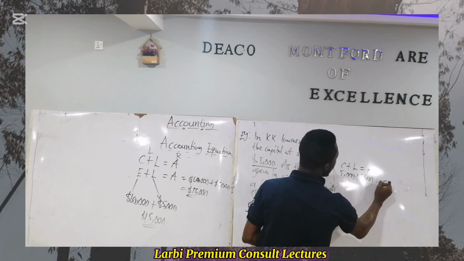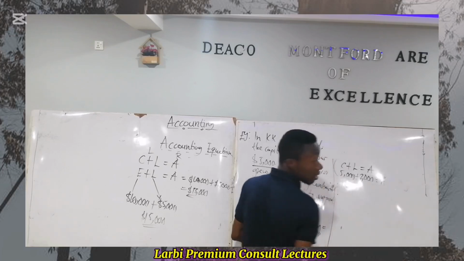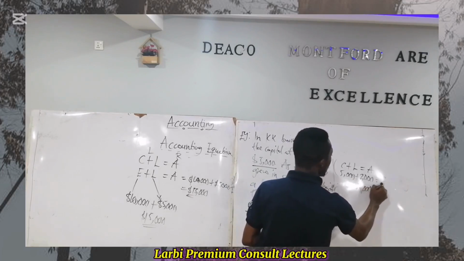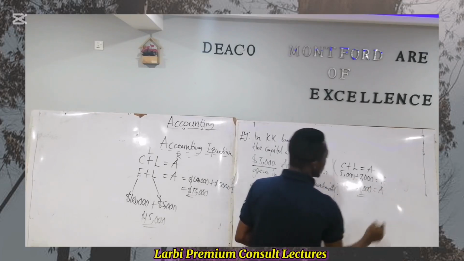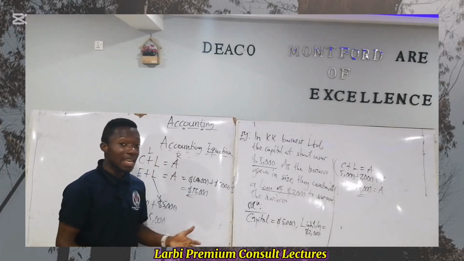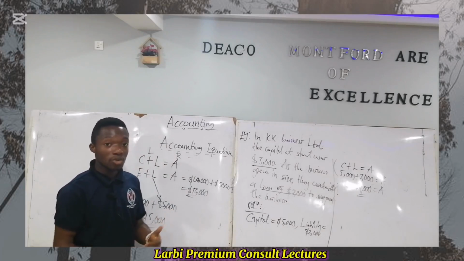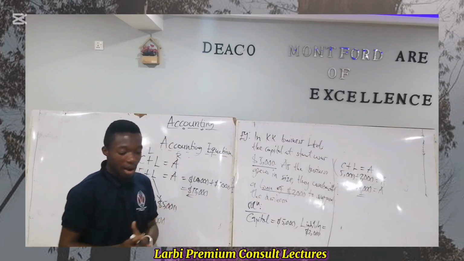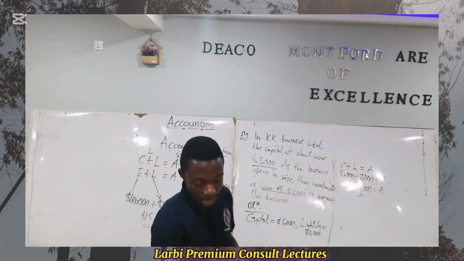Okay. And that should give us what? An asset. So what do we get? In summary, we are going to get what? $7,000. So that means all the assets that we have in the business are $7,000. So at any time you are given any of these elements, all that you need to do is to change the subject to find what? The other. All right. So that is the idea about the accounting equation.